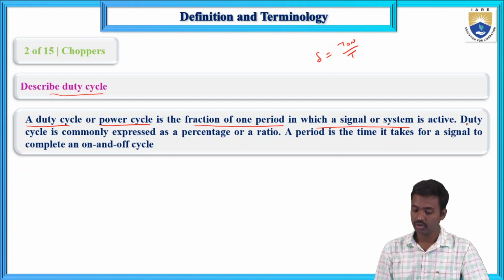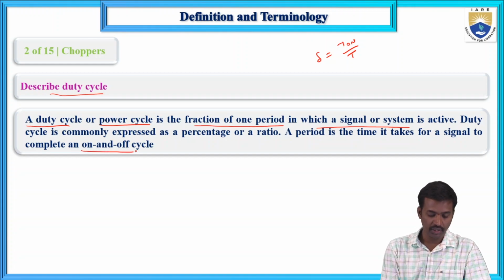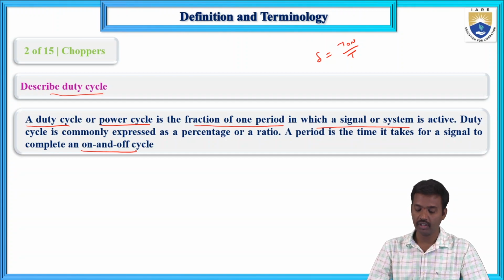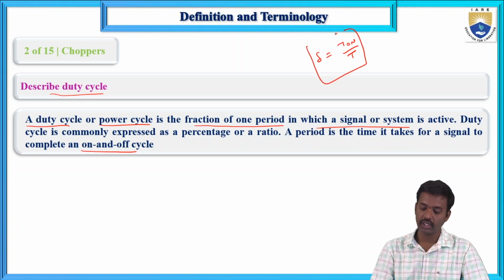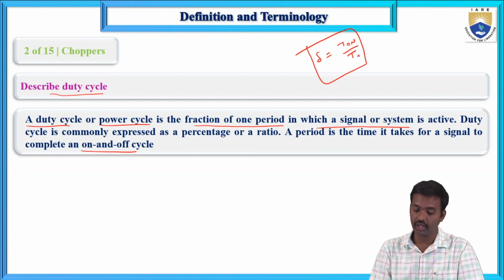Duty cycle is commonly expressed as a percentage ratio, and a period is the time it takes for a signal to complete an on and off cycle. So the time period equals T on plus T off.